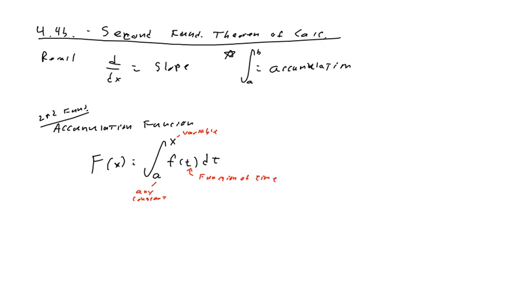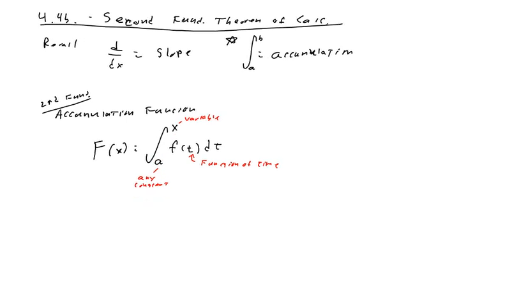And so what we're saying is this capital F function is the equation that describes how much we accumulate from some starting value to a variable. And so this is a variable accumulation.